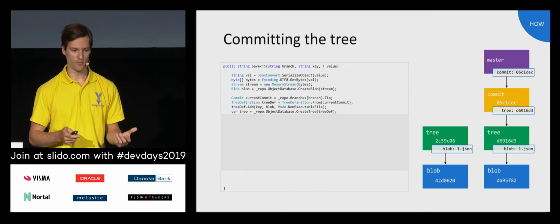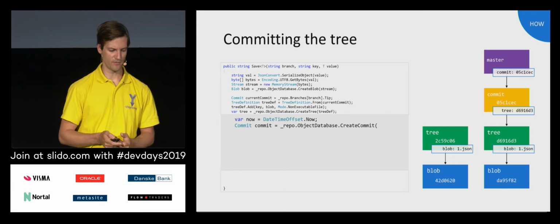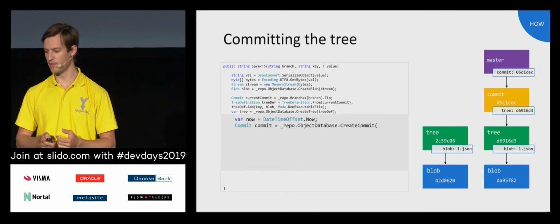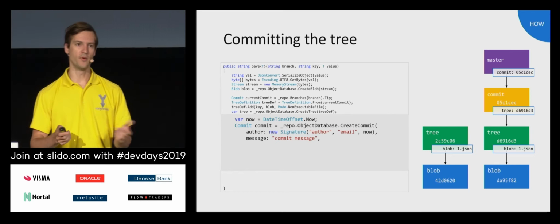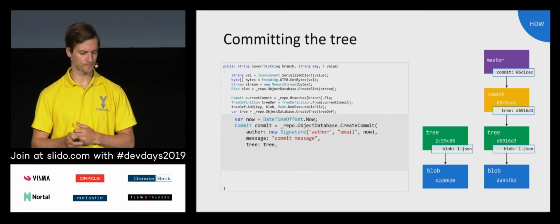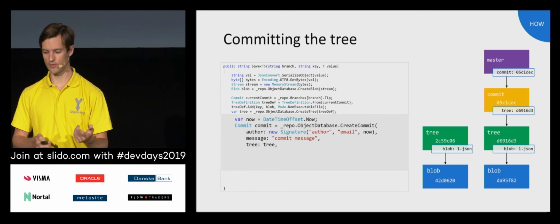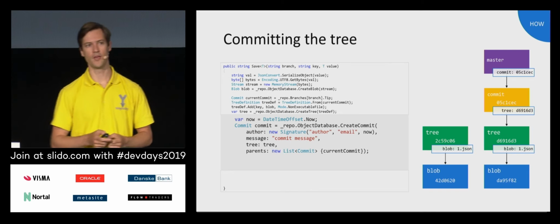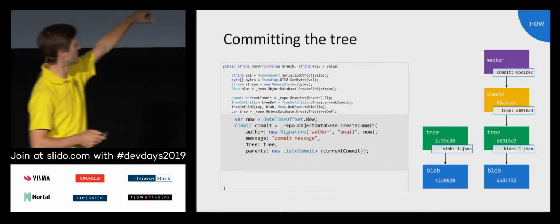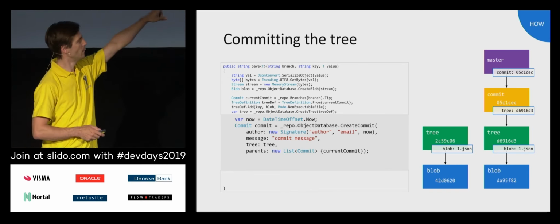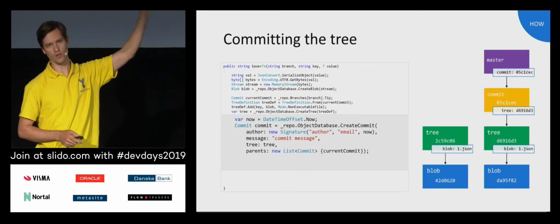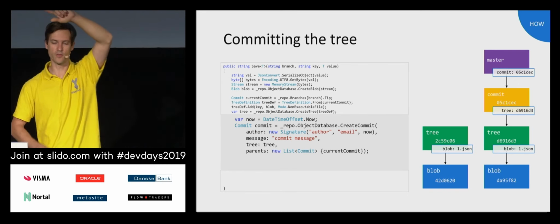And now I commit that one, and this is kind of familiar. You have the create commit command where you pass in the author and the message, the tree it's pointing to, and then the parents. The parents here is a list of commits. In this case we just have one commit because we just referenced the previous one.